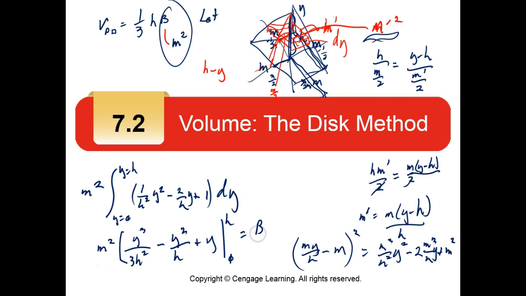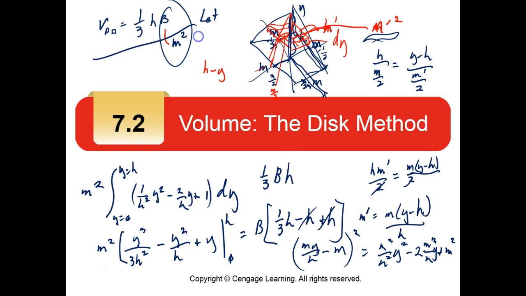So let's just make that capital B times, and when you plug in an h for the y, that would give you h cubed over 3h squared, which would be 1/3 h, right, minus h squared over h would be h, right, plus h. h minus h is 0. And what do you get? 1/3 BH, or HB. And that's exactly what we got up here.